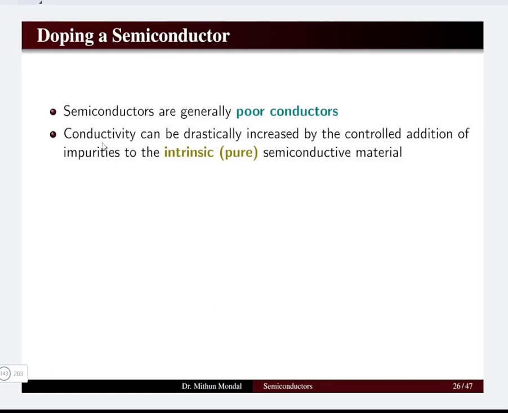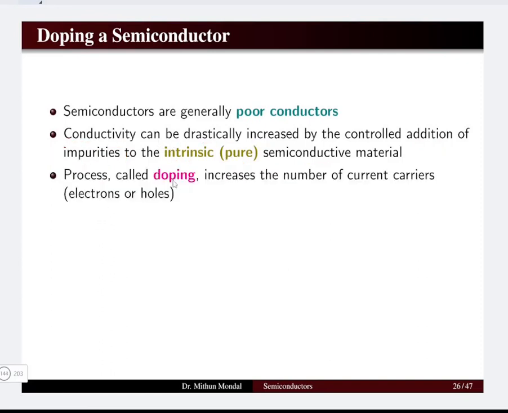Now the conductivity of any intrinsic, which is the pure semiconducting material, can be drastically increased by controlled addition of certain impurities. So we need to add some impurities to the intrinsic semiconducting material, and in that case its conductivity will increase.